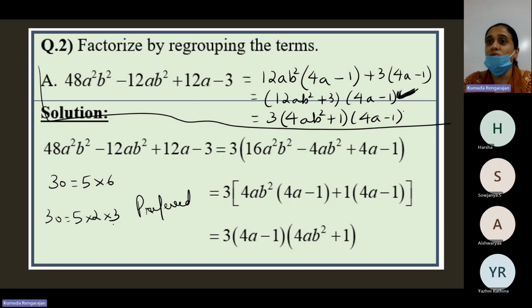In the same way, this expression can be further factorized as 3 into 4ab squared plus 1. Like 6 can be further written as 2 into 3. 5 is 5. But 6 can be further written as 2 into 3. In the same way, this expression can be further written as 3 into 4ab squared plus 1. Do I make sense? All of you get that?